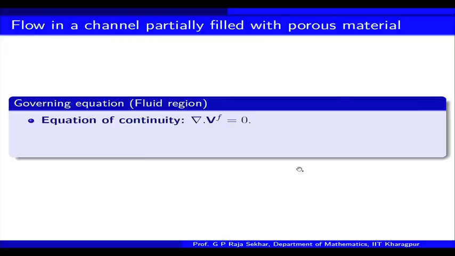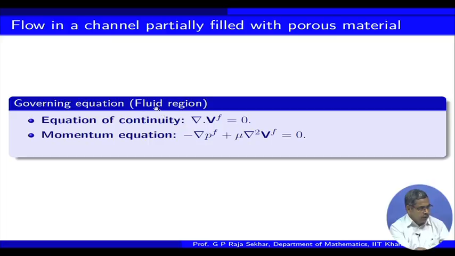analyze. So, for the governing equations, we define the zones as fluid region and porous region. In the fluid region we have the equation of continuity, and then the momentum equation, which is nothing but the Stokes equation, and we are using the superscript f to denote all the flow quantities in the fluid domain.